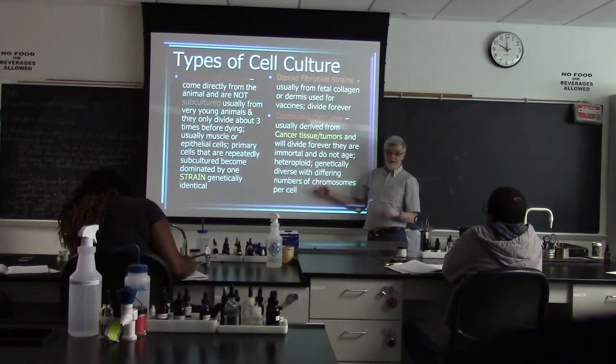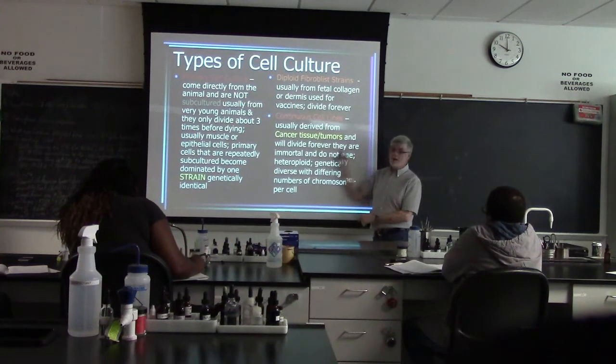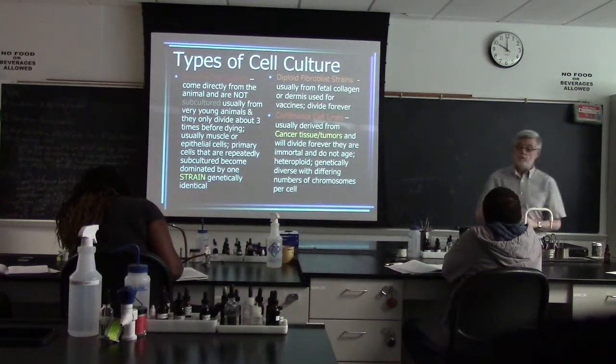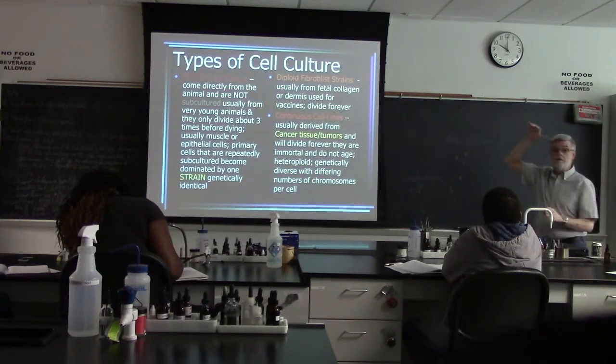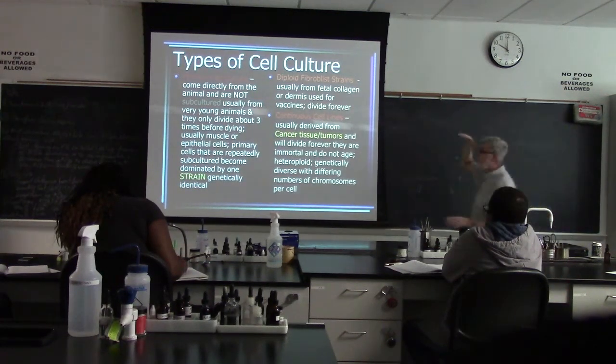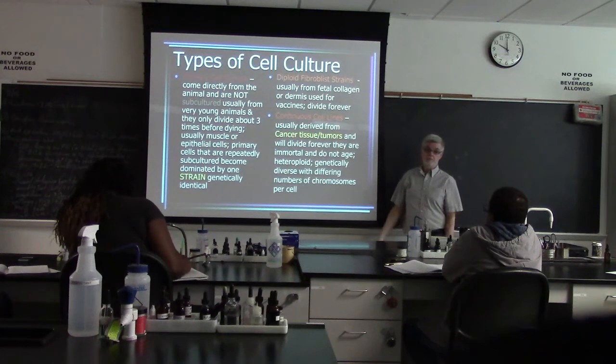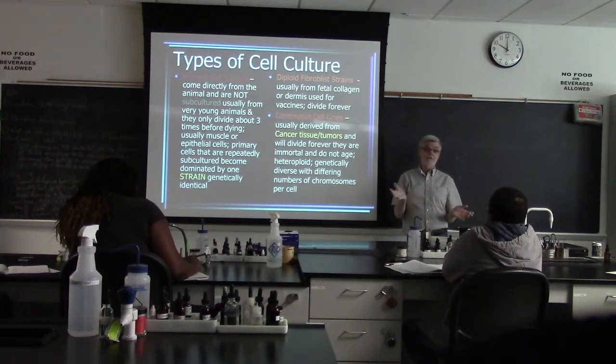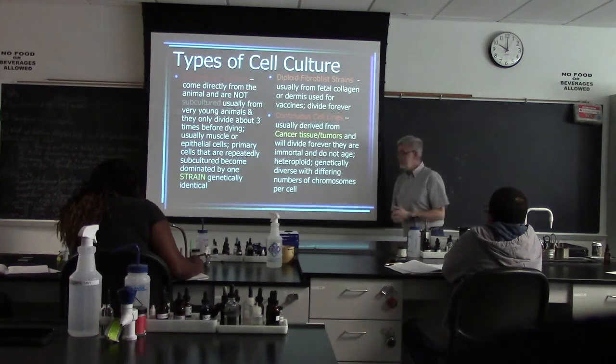Remember, cancer is a mutation. So they will have abnormal chromosome numbers and broken chromosomes, but we don't care, because all we want to do is make more viruses. What does the virus do? It takes over the cell, uses all the cell's energy to make viral particles, and then kills the cell when they're released.